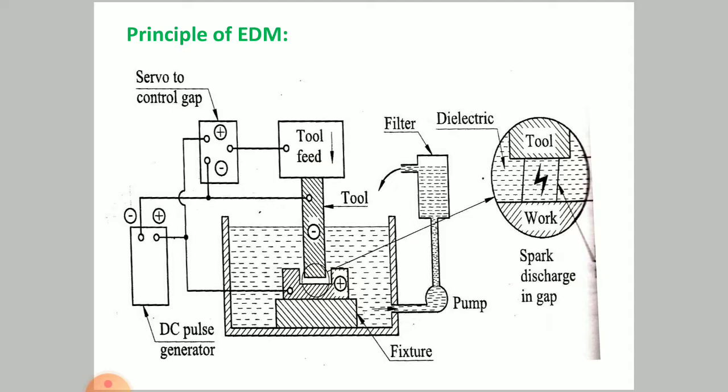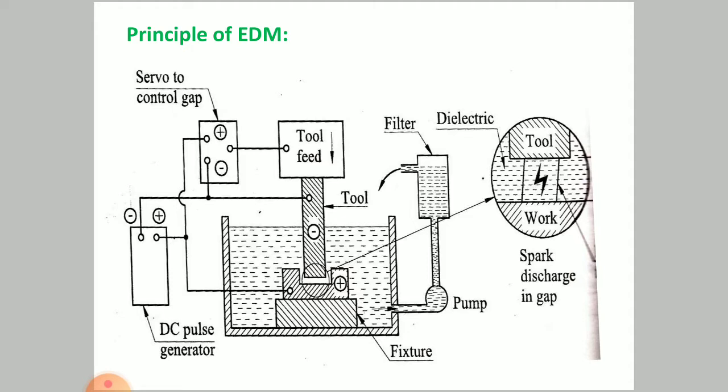The other setup you can observe here is the servo control. That servo control maintains the gap between tool and the workpiece, and of course the DC source of power supply, right? On the right hand side you can observe the zoom section of workpiece and the tool and the spark, right?